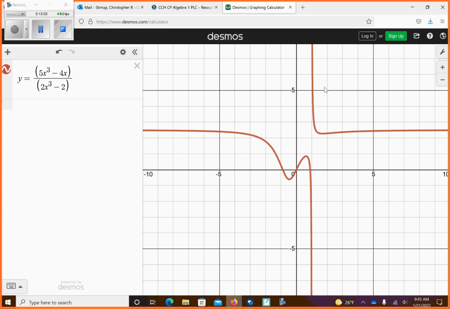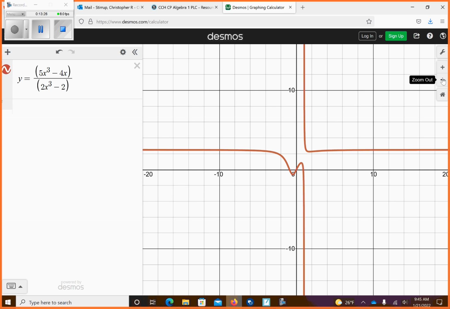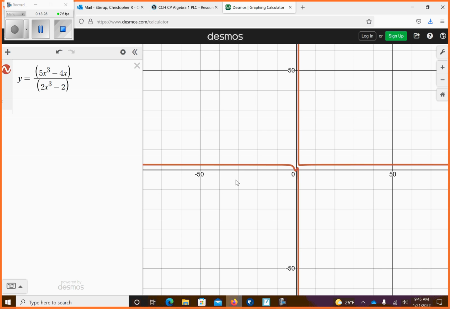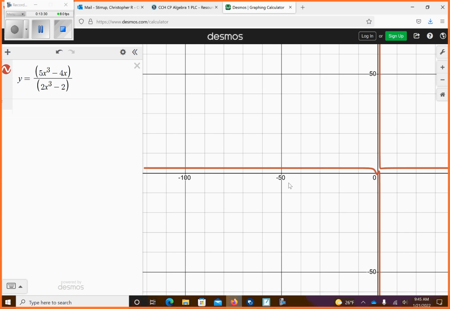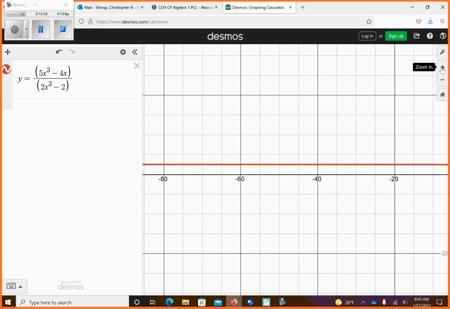So as I go to negative infinity, oh yeah, this line's kind of growing, but I'm not sure how much it's growing. Let's see if I zoom out a little bit, see if it's definitively getting towards a value. I'm going to go out here to like negative 50, and then I'm going to zoom in there.